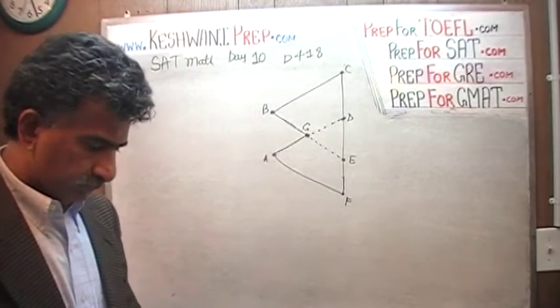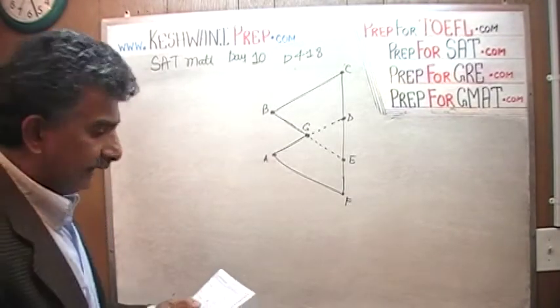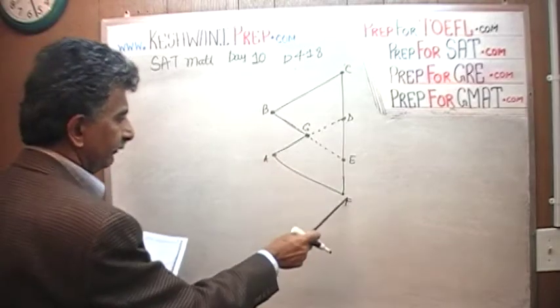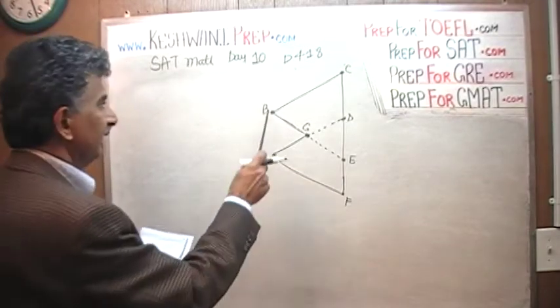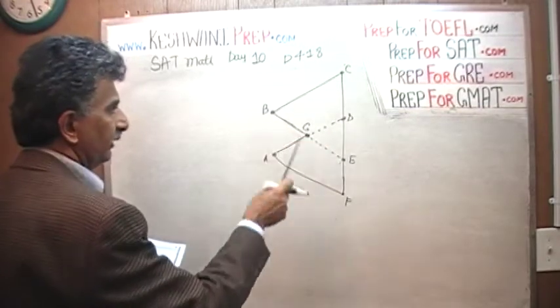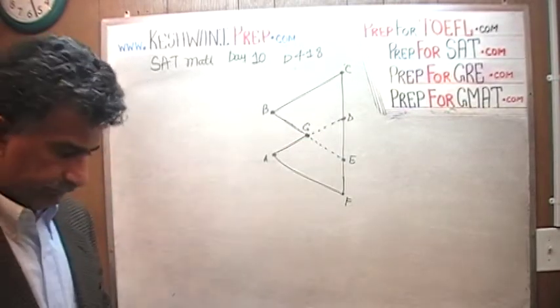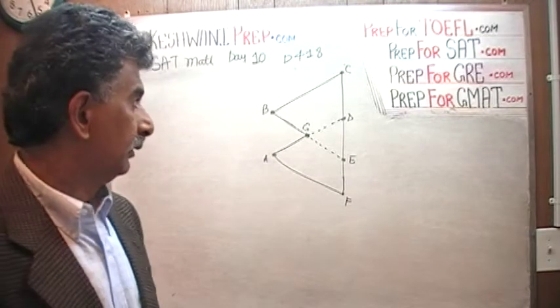We are also told that this triangle ADF and the triangle BCE, this big triangle that you see there and there, are equilateral.